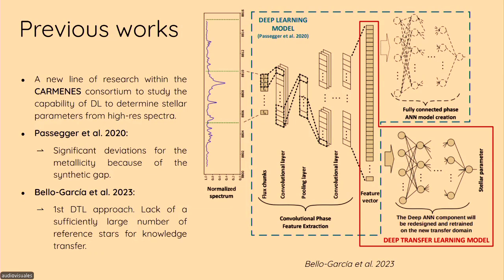The first one is Passegger et al. 2020. This was the first one, where they used a convolutional neural network directly on the stellar spectra to determine stellar parameters from CARMENES M dwarfs.